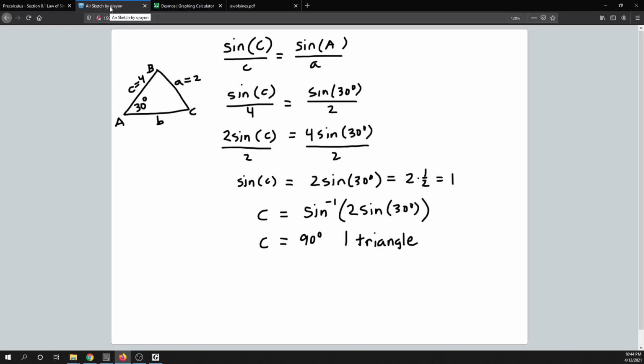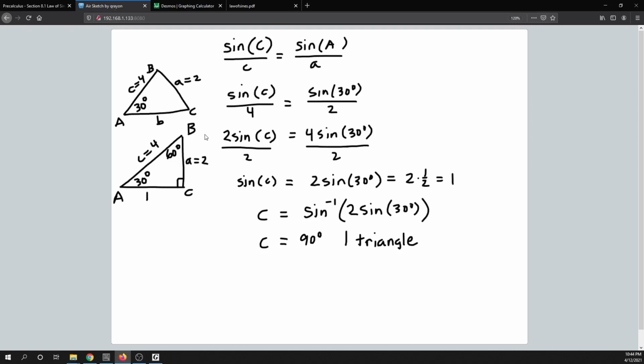I can redraw my triangle. Angle C is a right angle, angle A is 30 degrees, and that tells me angle B has to be 60 degrees. Then we know C is 4 and A is 2.